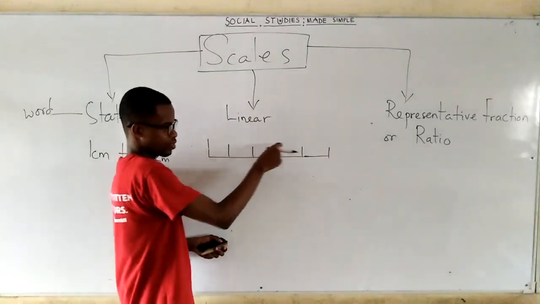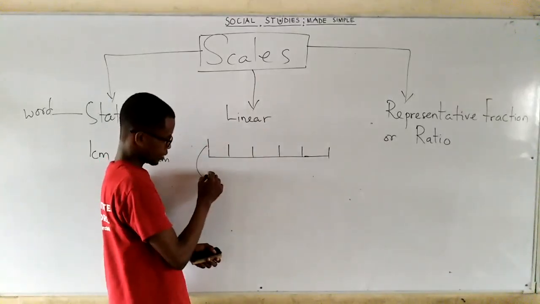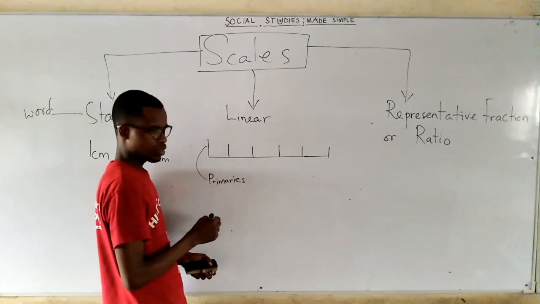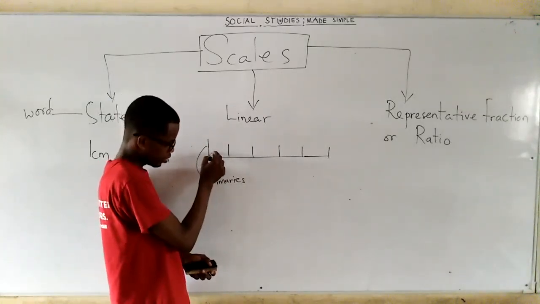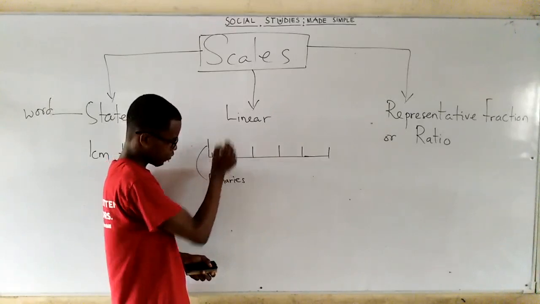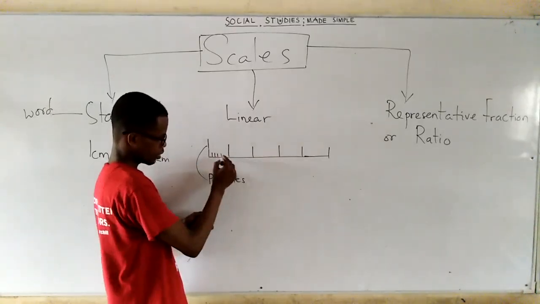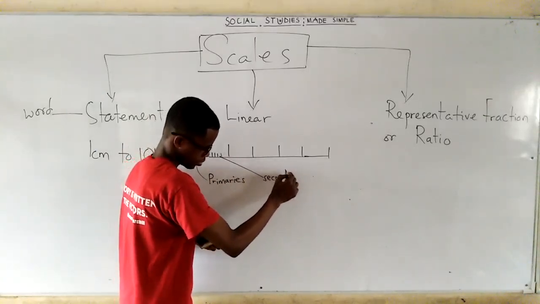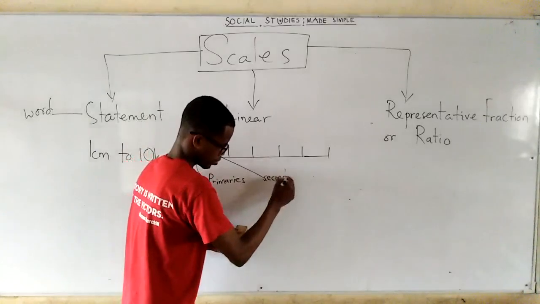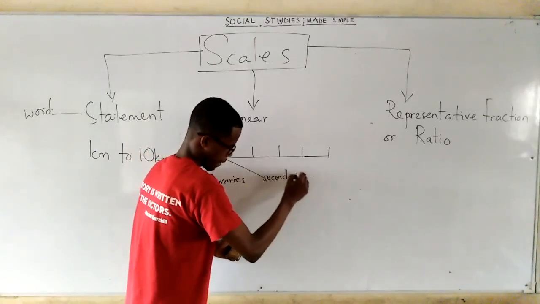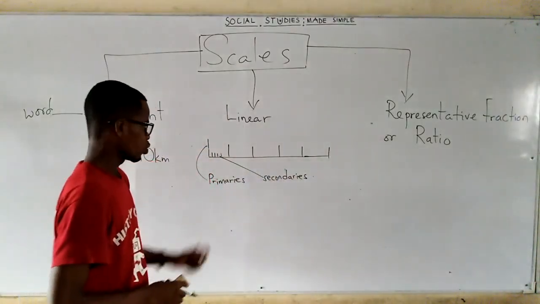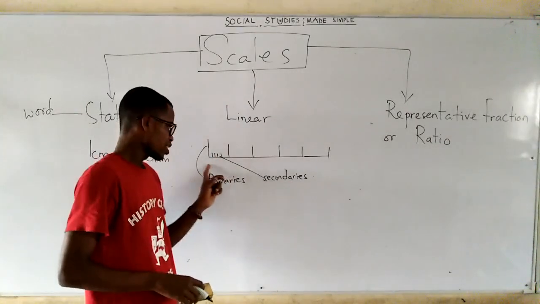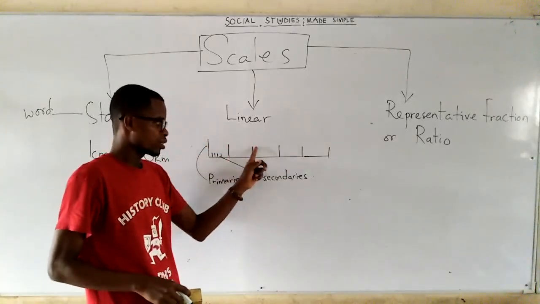The main divisions, we call them primaries. In between, 1, 2, 3, 4, you can put some. We call these secondaries. So the minor divisions or the subdivisions are called secondaries. The main divisions are called primaries.